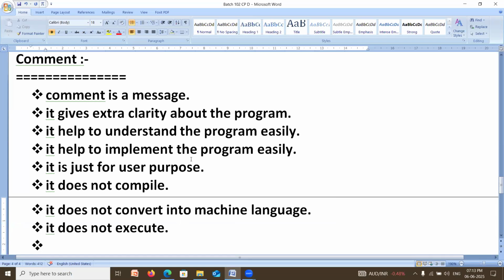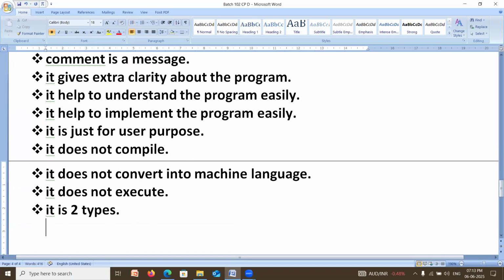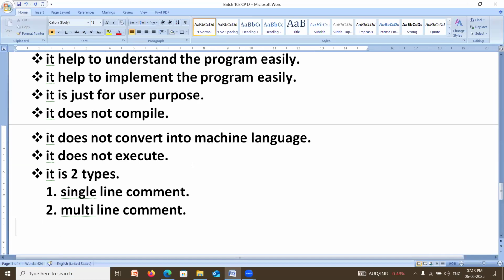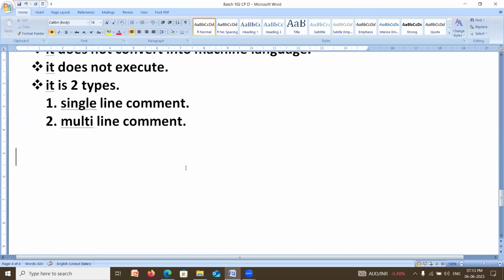Mainly comments are basically two types. One is single line comment. Second one is multi-line comment. What is single line comment?